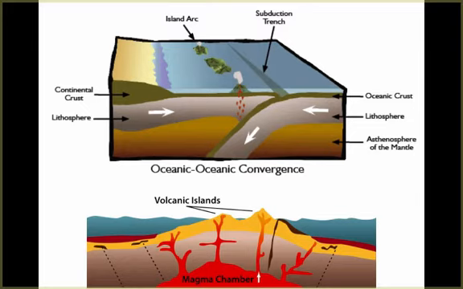And so what we're seeing is the same kind of volcanism, but we're seeing the chain of volcanoes emerging as the tops of these volcanoes are rising above sea level as those mountains are being built under the sea.